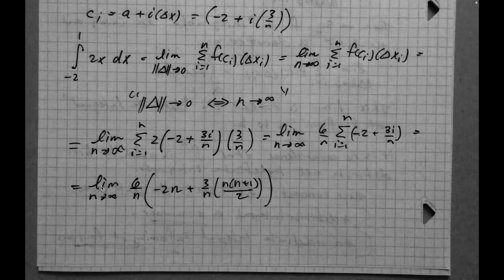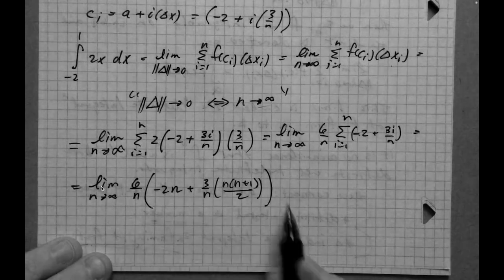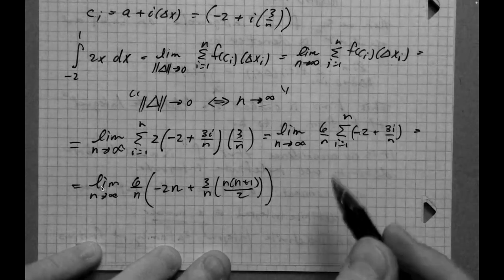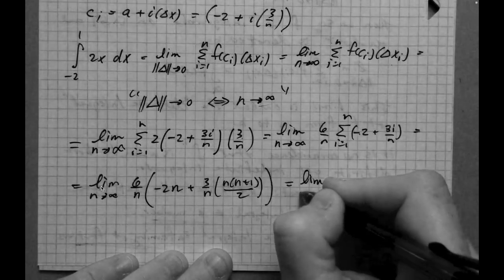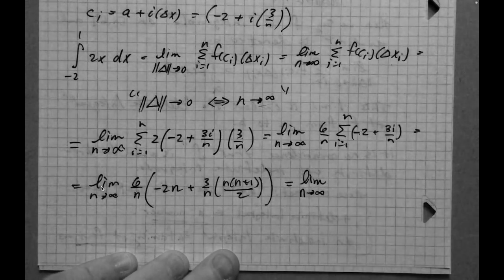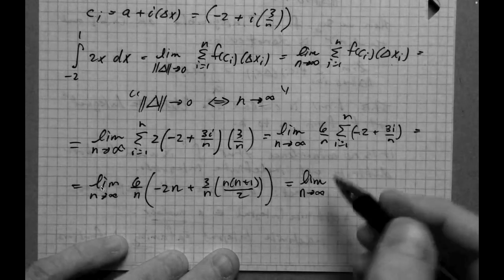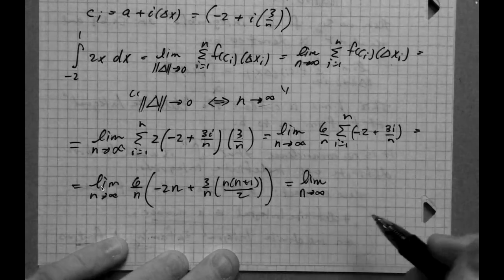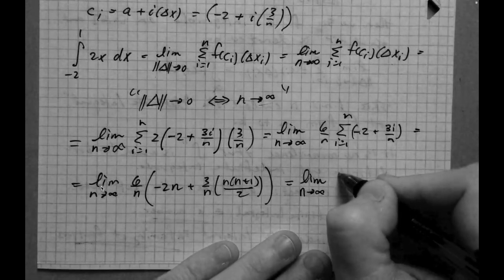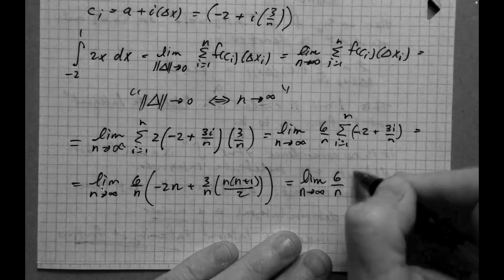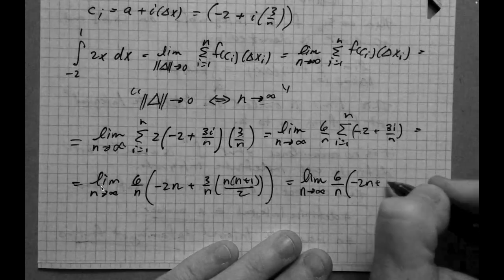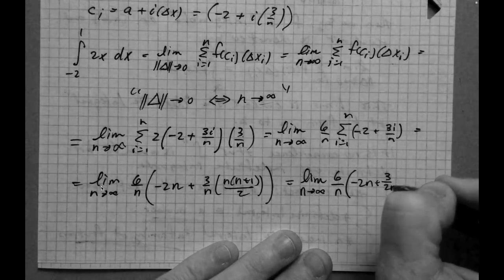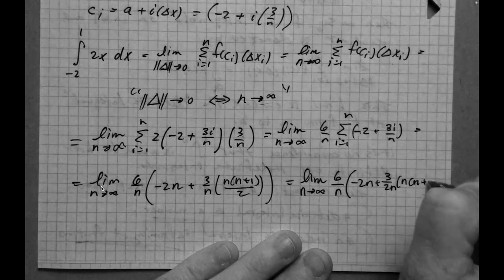That's a pretty good point to be in. Now we can do some work to clean this up. So the limit as n goes to infinity of 6 over n, and then -2n plus 3 over n times n(n plus 1) over 2. I'm going to need another page here, aren't I?